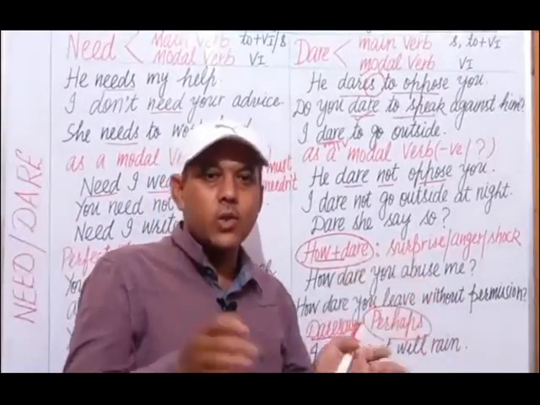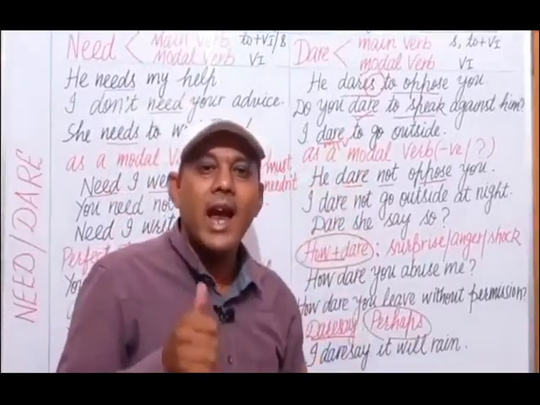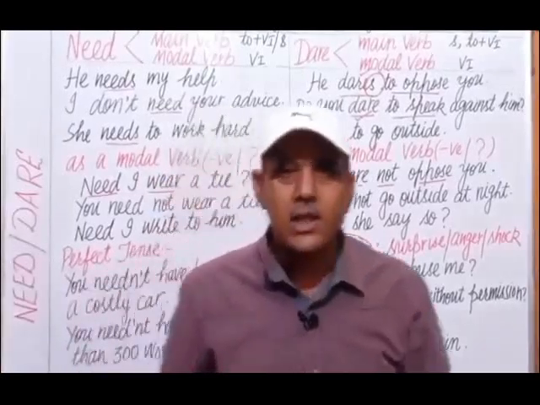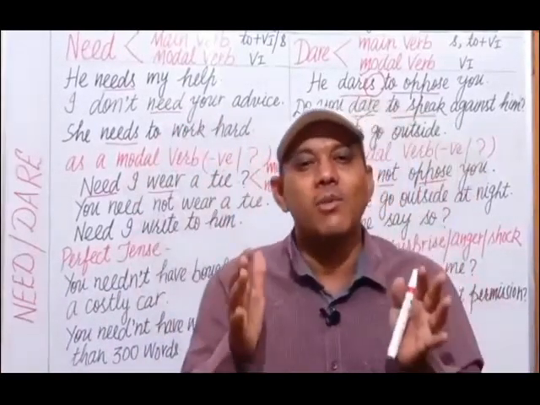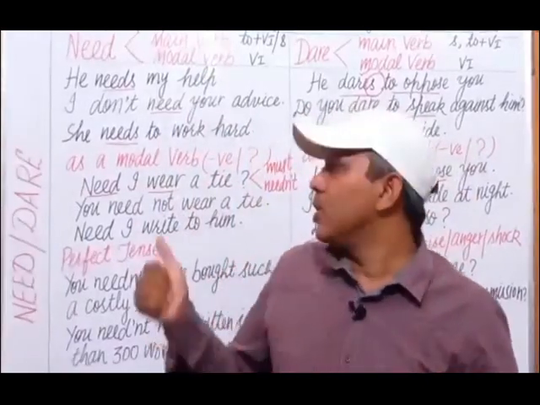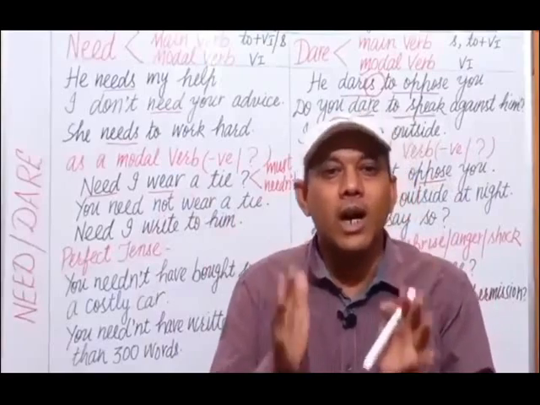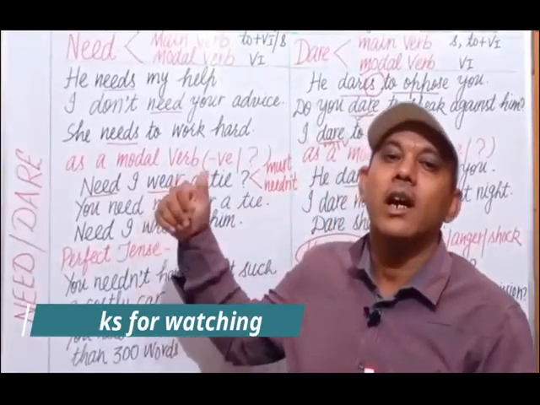This is the use of dare as an ordinary verb and as a modal verb. Now we have discussed the uses of need and dare as modal verbs. I hope you have understood the concept of modal verbs, all the modal verbs including dare and need.